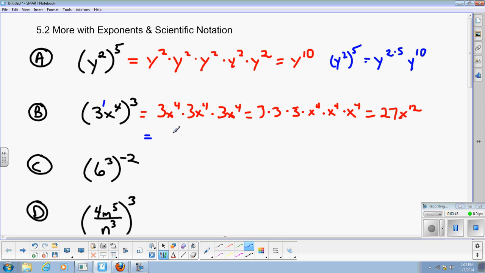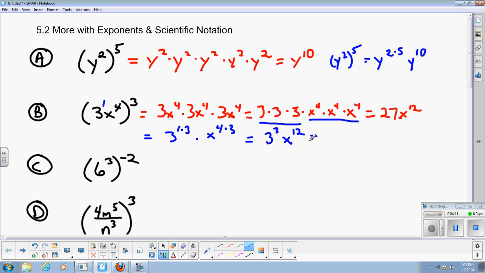So this problem can also be rewritten as 3 to the 1 times 3, times x to the 4 times 3. And if you look here, I have 3 to the third power and x to the fourth to the third power. Or if I do that multiplying, 3 to the third times x to the 12th.